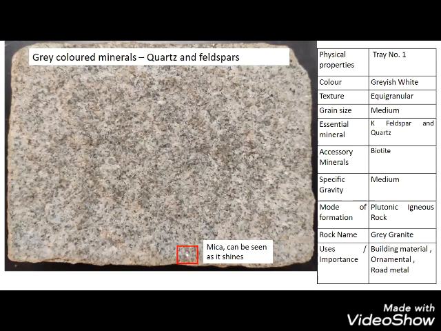And finally, all white to gray colored material, whatever you observe, is nothing but quartz. Sometimes you can observe, see over here, there is some shining. When I took the photograph, you can see some shining in the minerals. These minerals are nothing but micas. So this is how you can identify one igneous rock like this.